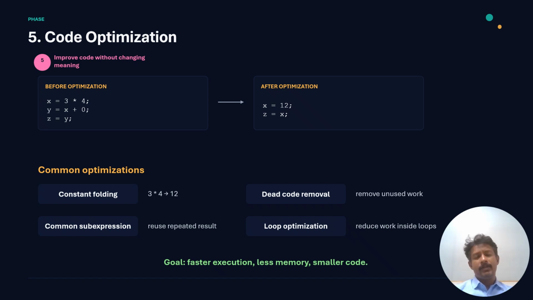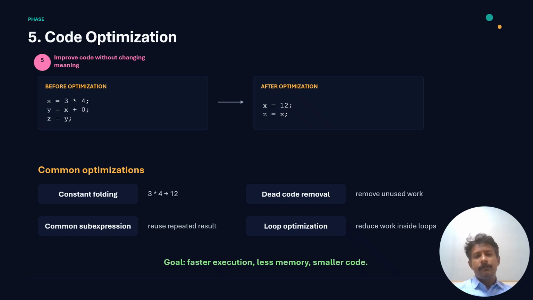For example, if the compiler sees x equal to 3 into 4, it calculates it during the compilation, right? So it can replace it with x equal to 12. Why give two different values like x equal to 3 into 4? Instead of 3 into 4 we can give the direct result 12. This is called constant folding.